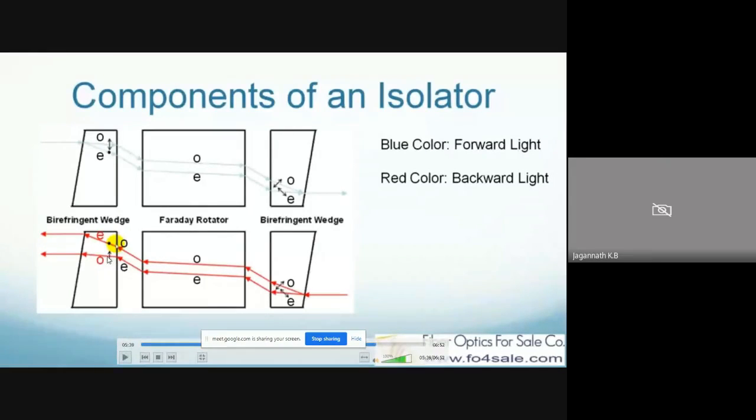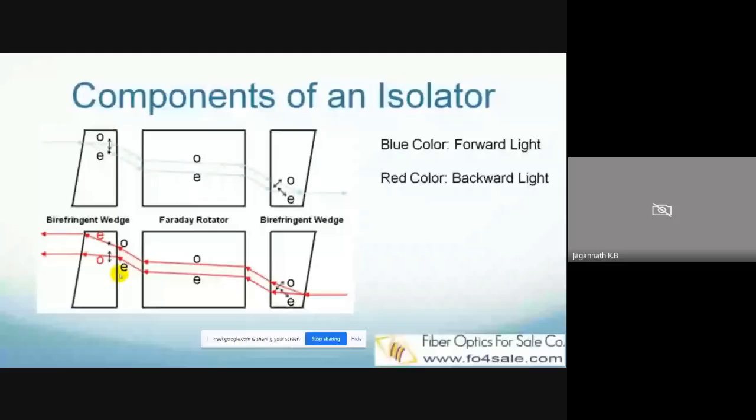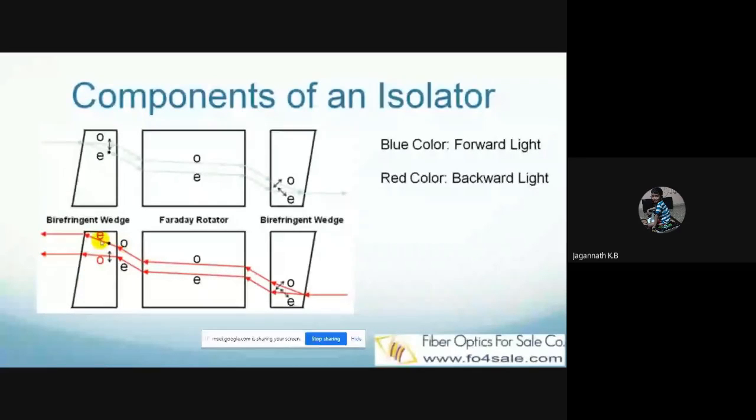So this has become vertical and this has become horizontal. You need to observe that. The O beam is at 0 degrees, which is horizontal, and the E beam is at minus 90 degrees, which is vertical.